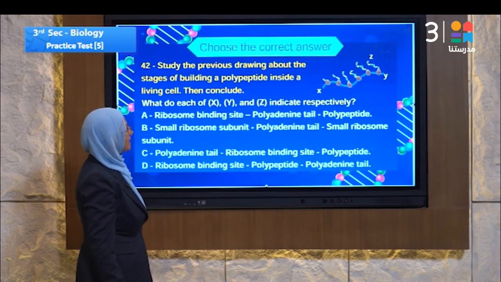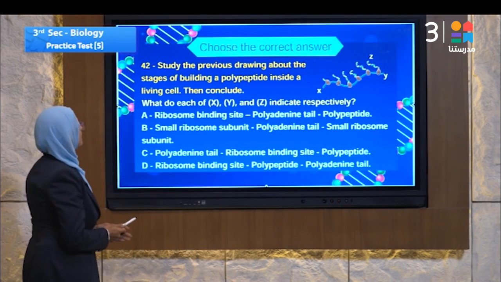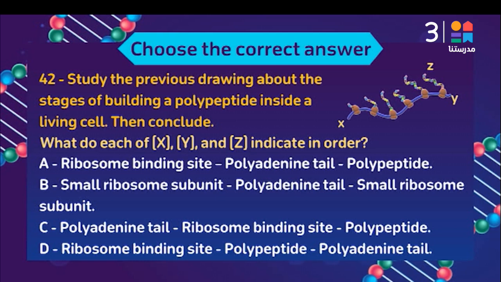Let's go to the question again and read it carefully. Study the previous drawing about the stages of building a polypeptide inside the living cell, then conclude. He asked about the letters. What do each of X, Y, Z indicate respectively?